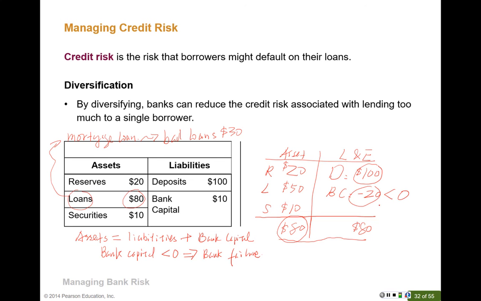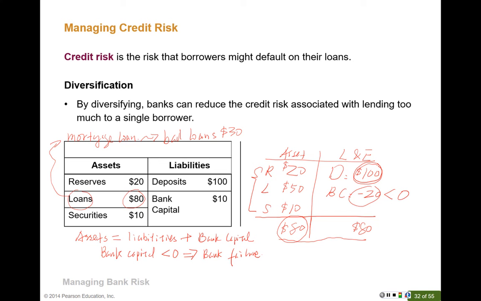It means that even if this bank liquidates all the assets, it only has $80. It cannot fully meet the deposits of $100. So if all people come to withdraw $100, the bank does not have $100. Even if they liquidate all the assets, they only have $80. That's the reason why this bank failed.